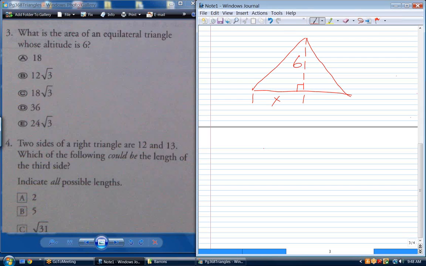We know that an altitude always makes a right angle with the base. Correct. And in an equilateral triangle's case, it bisects the base. So wouldn't it be 3? No, that would mean the base would be 6.